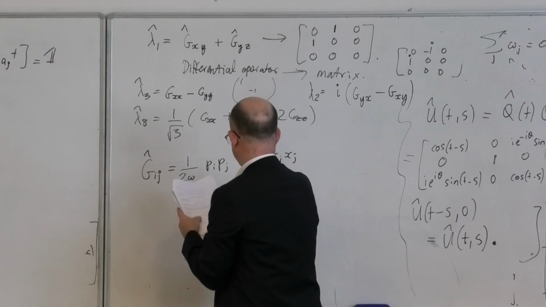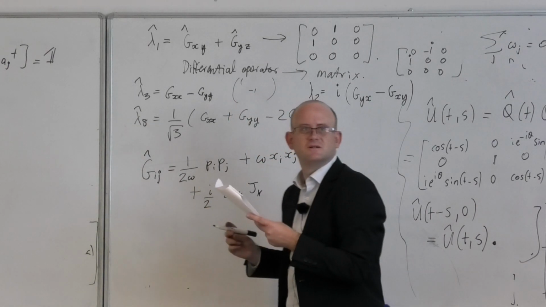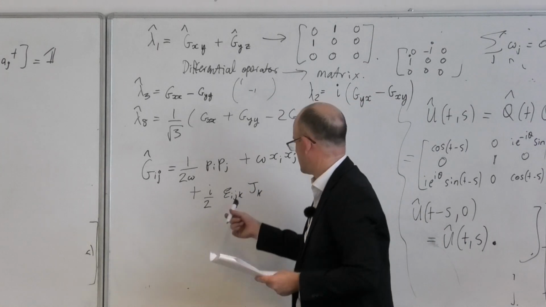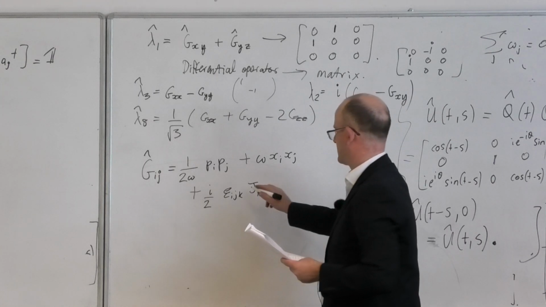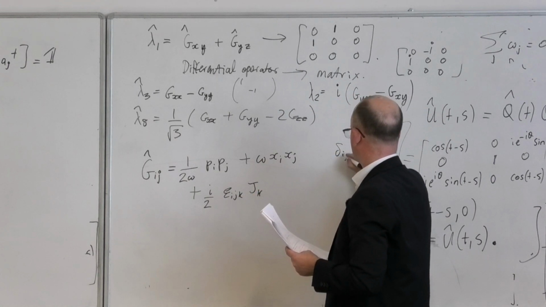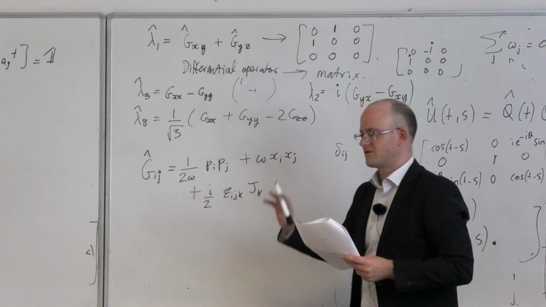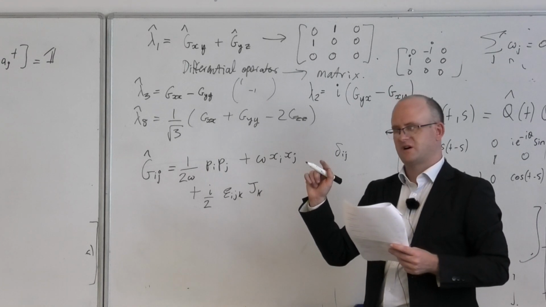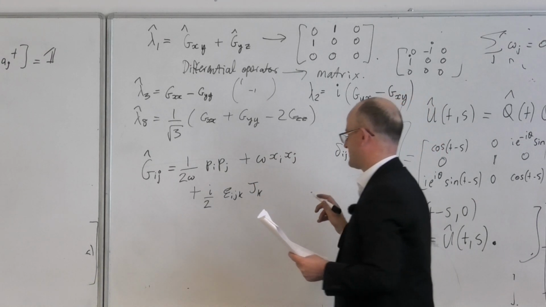Who here knows what a Levi-Civita symbol is? Delta IJ, this thing. No, delta IJ is the Kronecker one. This is the Levi-Civita one. Oh, okay. So it's 1 if IJK is cyclic, minus 1 if it's anti-cyclic.